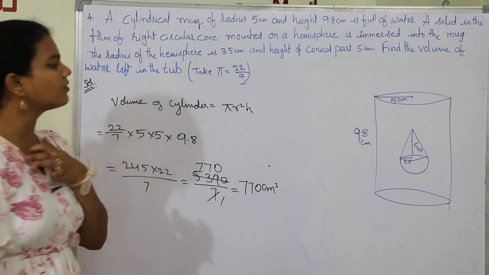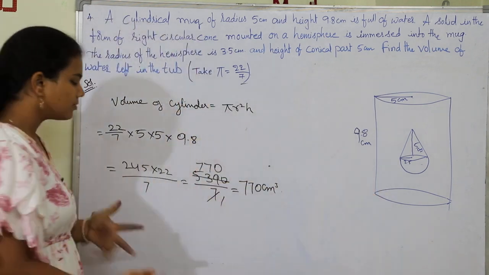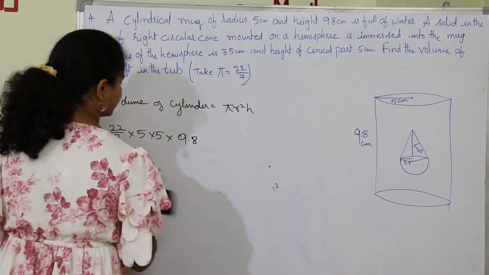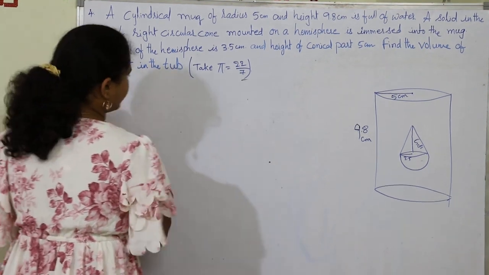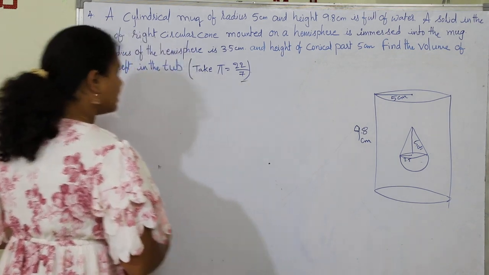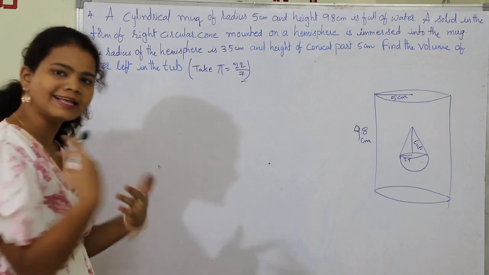Now let's find the volume of the given solid. Firstly let's find the volume of the solid and then we can solve this given question easily. The volume of the solid is a combination of two shapes, hemisphere plus cone.